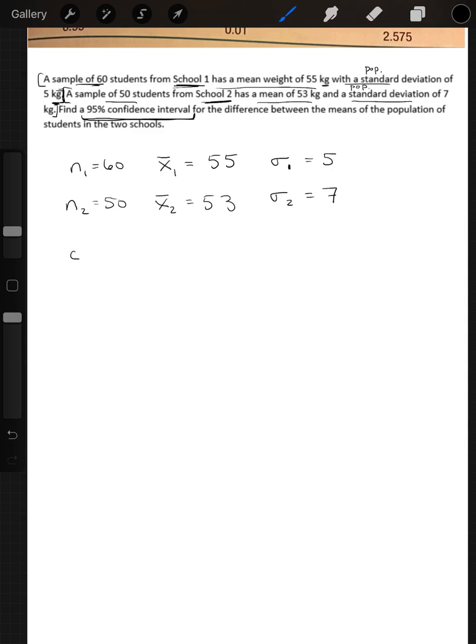A 95% confidence interval tells us that we want C to be 95%, right? Which tells us that alpha is going to be 0.05. For the Z table, either of those numbers is fine. We don't necessarily have to find both. If we were using the T table, then we do want alpha, but since we're using the Z table, we're fine.